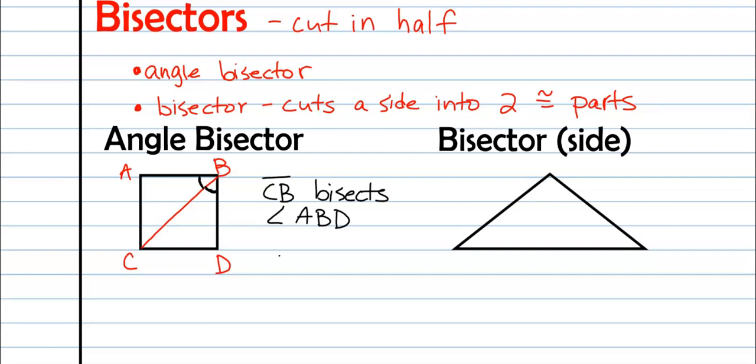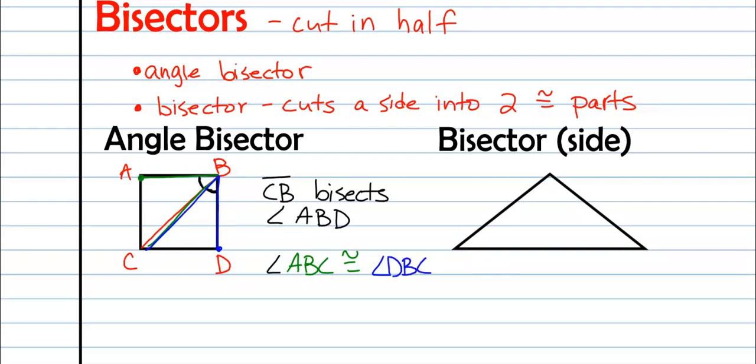So now I can say angle ABC is congruent to angle DBC.